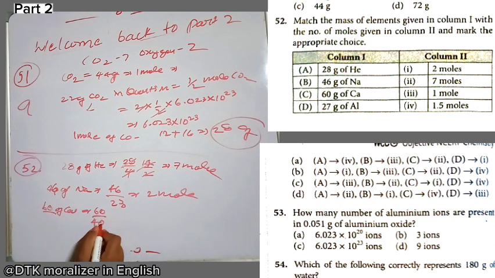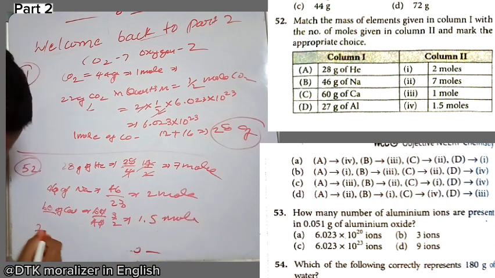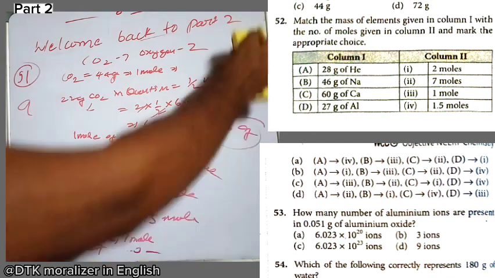For 60 grams of calcium, which is equal to 3 by 2, 1.5 moles. For 27 grams of aluminum, 27 by 27 is equal to 1 mole. So we have to match the columns with this. So here option D is right.